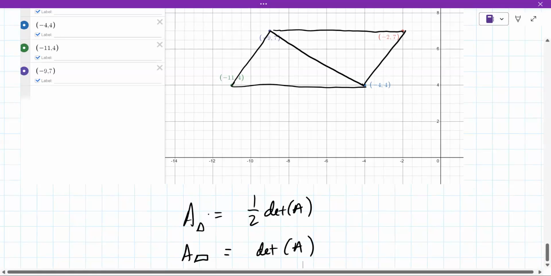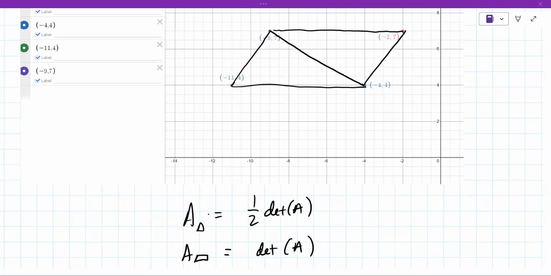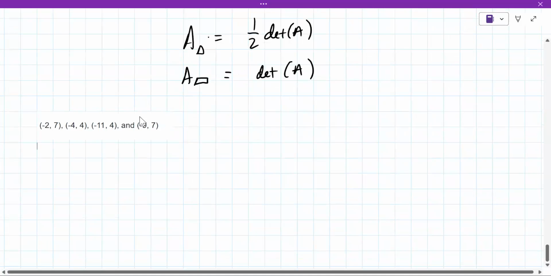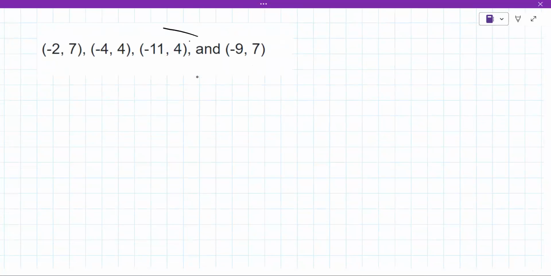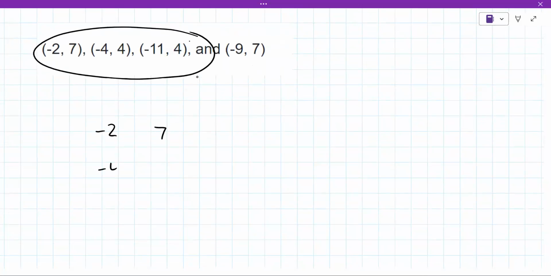So in short, you're going to choose 3 of the 4 points to find the determinant. So we're going to use the first 3 points, I guess. It doesn't really matter, but we're going to use the first 3. It's -2 and 7, -4 and 4, -11 and 4, and then 1, 1, and 1.